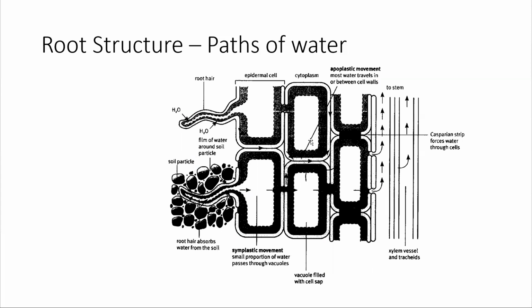Once both paths of water reach the endodermis, it essentially hits that Casparian strip where it's brought into the endodermis cells and then through plasmodesmata and forced into the xylem.